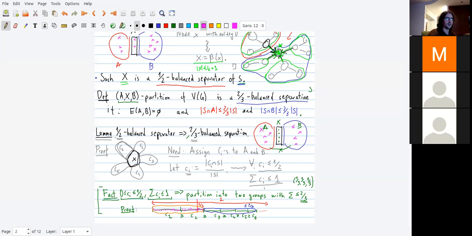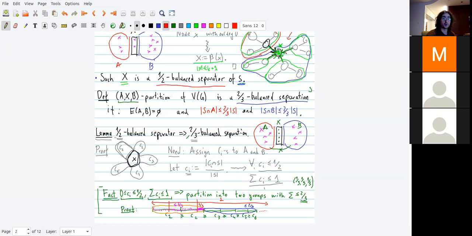The rounding error that we get here has to be at most of size C2, which is at most C1, which is at most 1/3. So I can pass 1/3 by at most 1/3 more, which means that in total I've got at most 2/3 here as well.